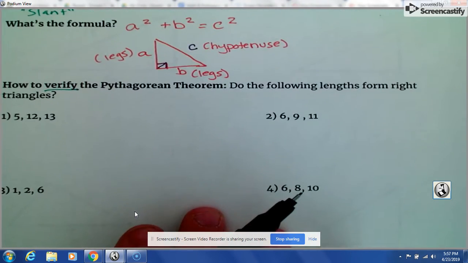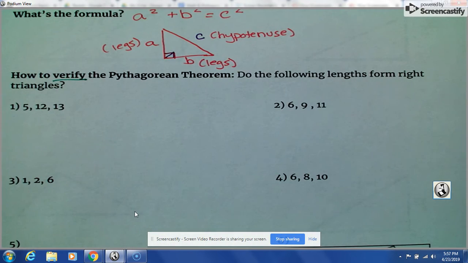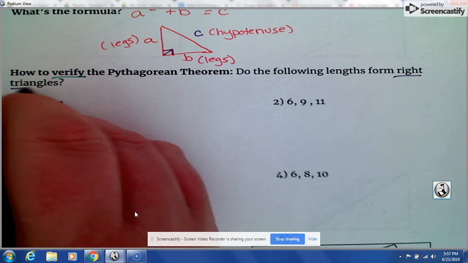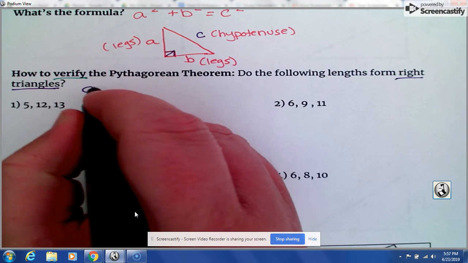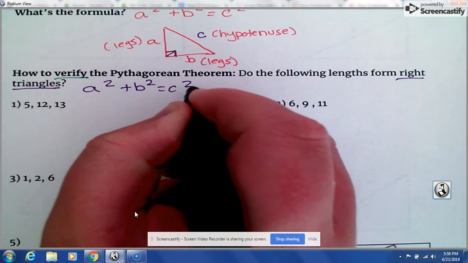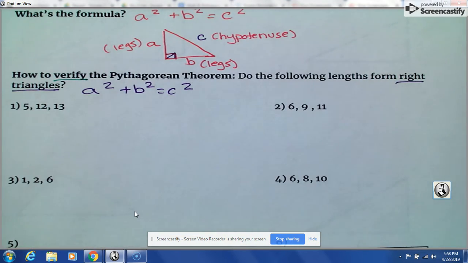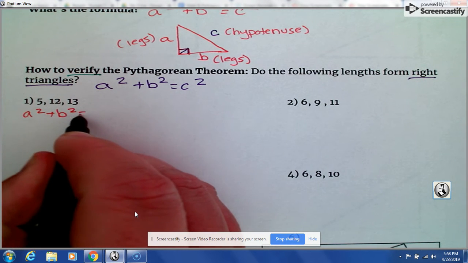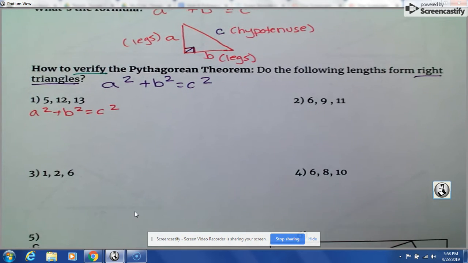So it says, do the following lengths form a right triangle? So as soon as you see the words right triangle on your SOL, I want you to write the formula, a squared plus b squared equals c squared, okay? That's your formula for a right triangle. So let's go ahead and practice, okay? A squared plus b squared equals c squared. You want credit, you got to write this formula down every time you see it here.